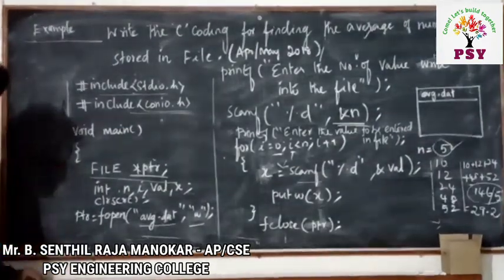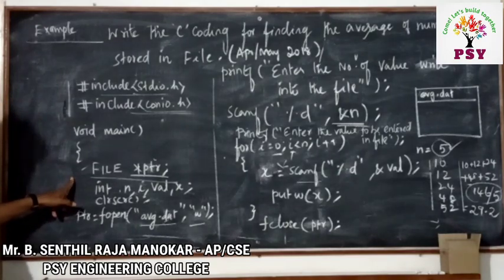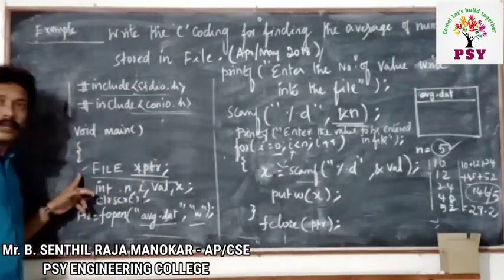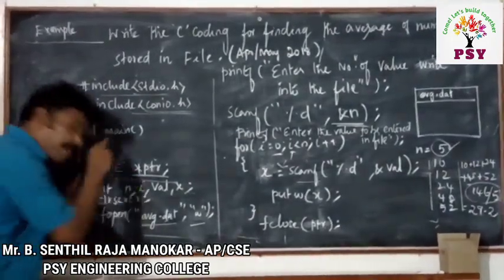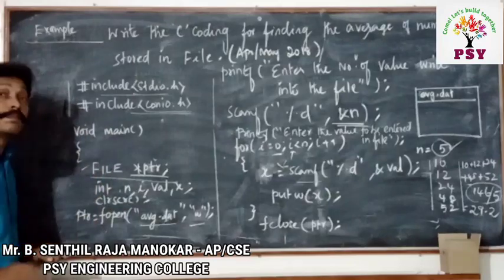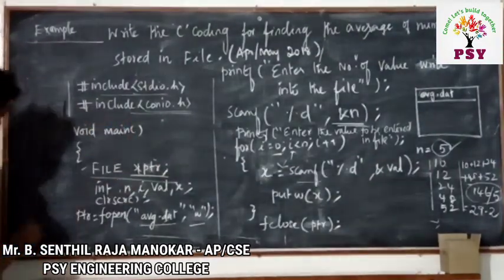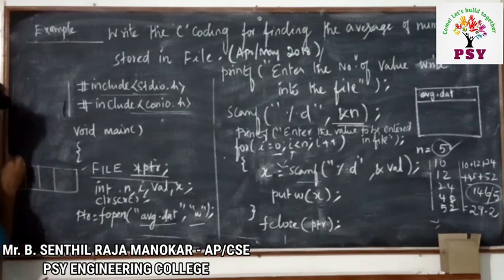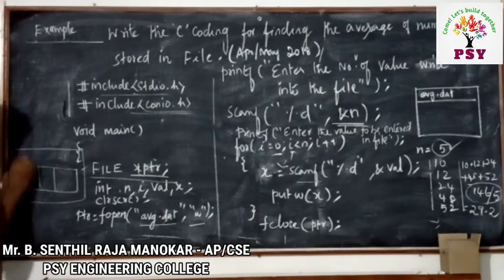Inside the void main, I am going to create a file. You know very well, while creating a file, I must use a pointer variable. The pointer variable is a file pointer variable which is used for pointing to the values. For example, if it is a sequence in the file, then values will be stored in the file like this.